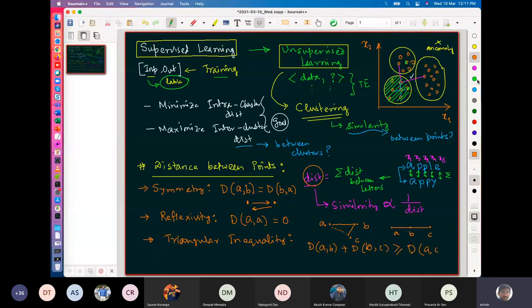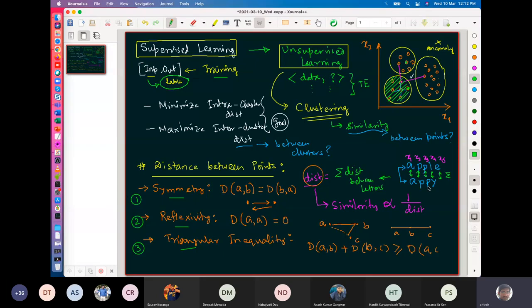So when you design your distance matrix, you need to follow these three particular principles, whatever distance matrix you design for your problem. As you can see here, the distance and the similarities also follow this because reflexivity is obeyed. A to B and B to A will be the same if we take the absolute values.